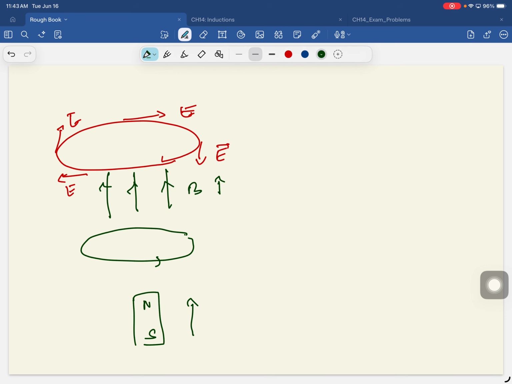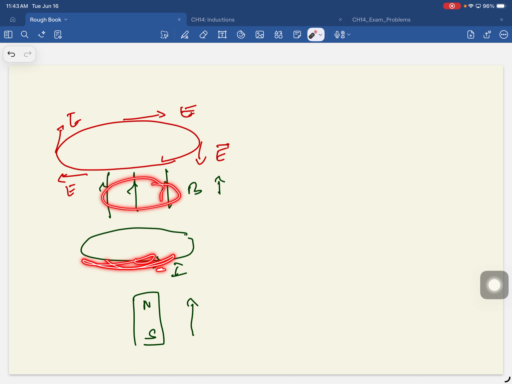Okay, so if you pass a current in a loop of wire, you're producing a magnetic field like that. And if you want to keep changing this magnetic field, what do you think you could do? Yeah, so you make this current AC current. If the current is flowing back and forth, then you're continuously changing the magnetic field.